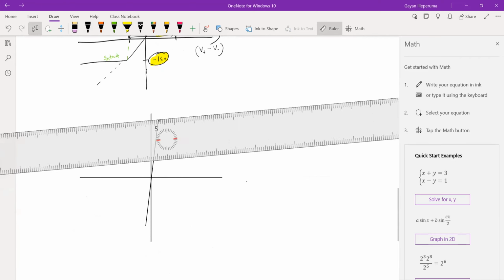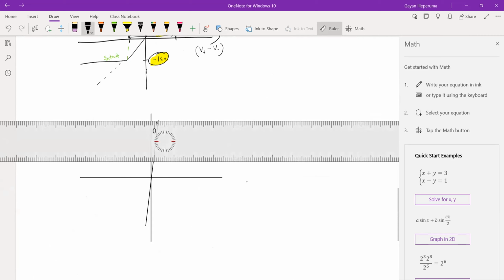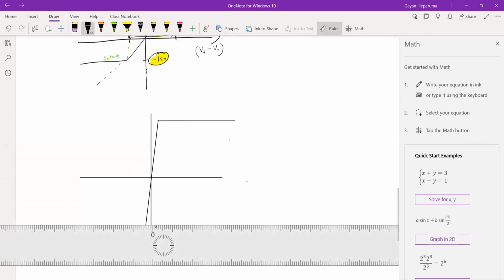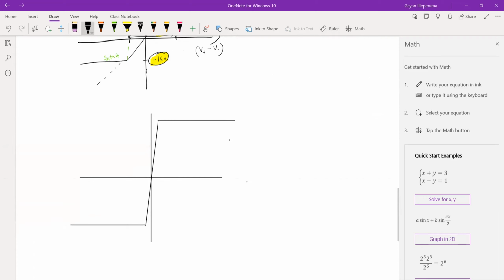And after that, you will have a saturation point where it goes like this. We can see this is a very small region, about 30 millivolts in this case. And as the gain increases, this region will become even smaller.